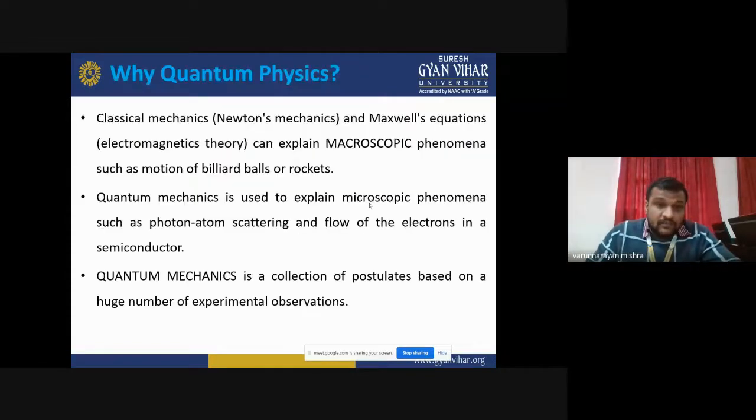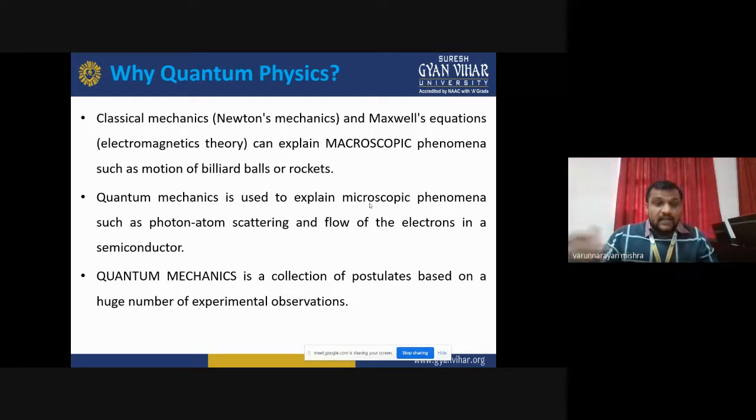Before the development of quantum mechanics, Newton considered different types of macroscopic phenomena, such as the motion of a billiard ball or a rocket, whatever movement of a ball or any object we see. But that failed to describe microscopic phenomena.